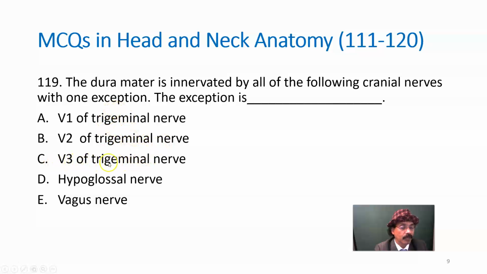So all the branches of the trigeminal nerve supply the dura mater. The vagus nerve, yes, it also provides innervation to the dura mater. How about the hypoglossal nerve? The hypoglossal nerve is a motor nerve to the tongue muscles. It does not innervate the dura mater.